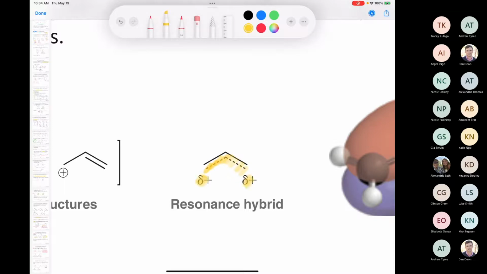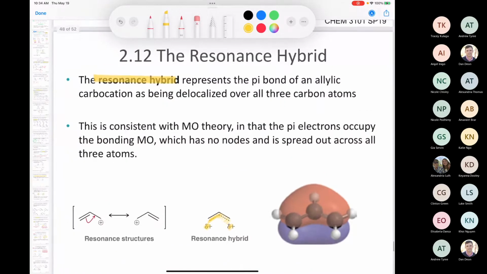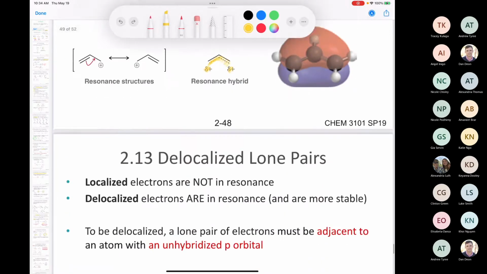The partial positive charges represent how the positive charge is split between the 2 carbon atoms on the end. And the resonance hybrid is consistent with molecular orbital theory, in that both of the pi electrons occupy a bonding molecular orbital. It has no nodes, and so the electrons are spread out across all 3 carbon atoms.